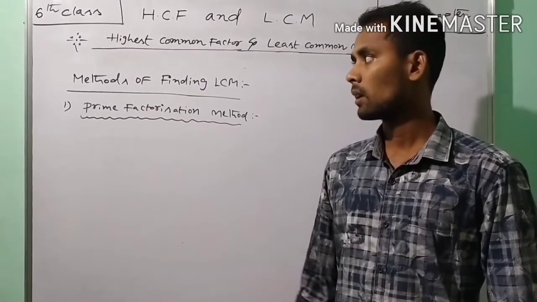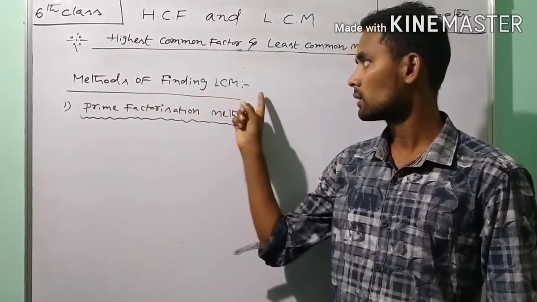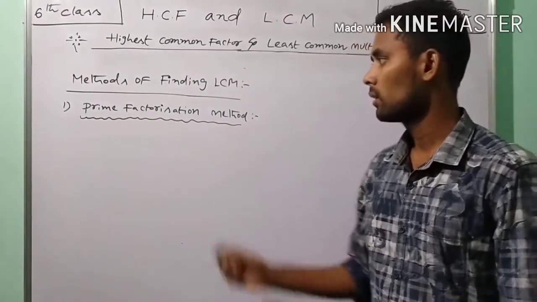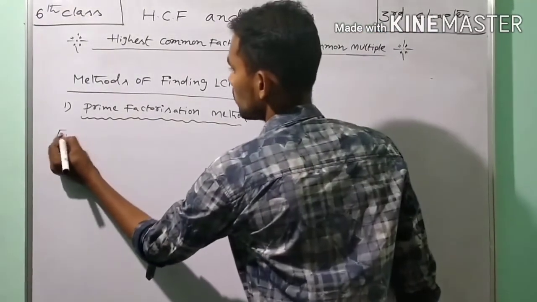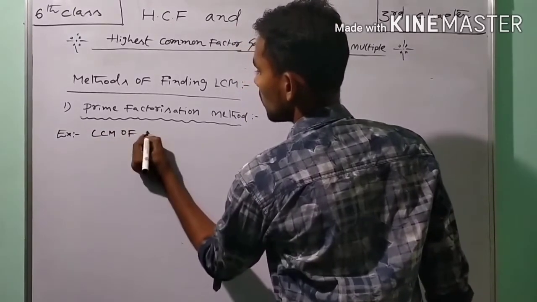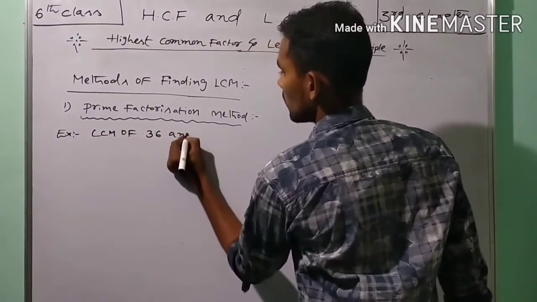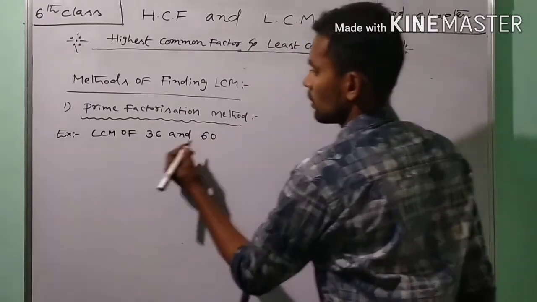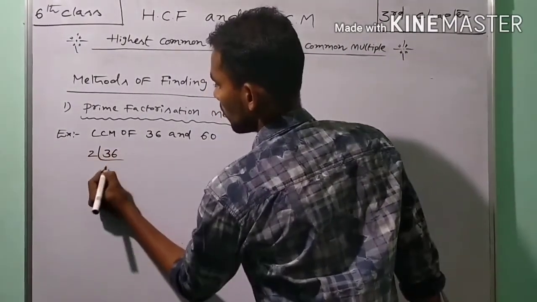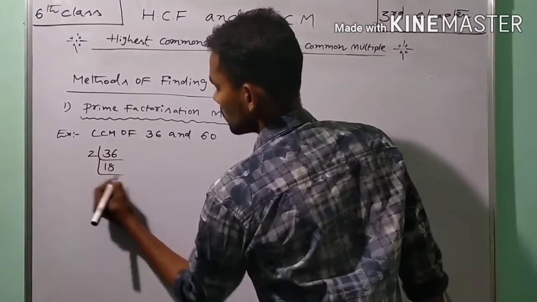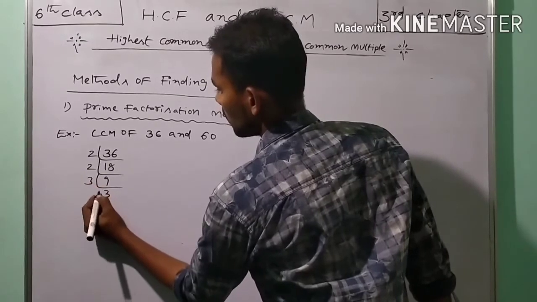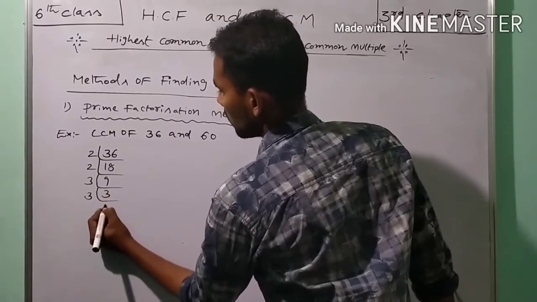Next discussion, methods of finding LCM. First method is prime factorization method. For example, LCM of 36 and 60. Prime factors of 36: 2 18s are 36, 2 9s are 18, 3 3s are 9, 3 1s are 3.